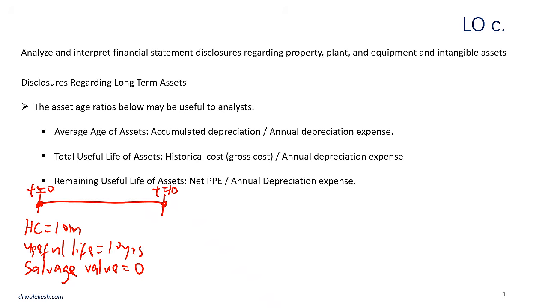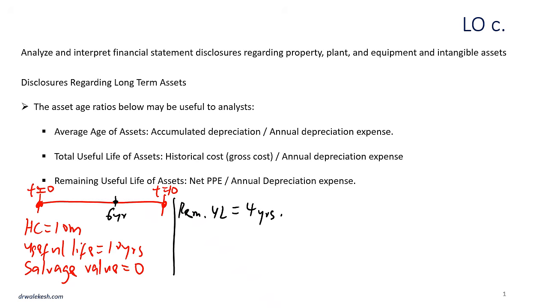Let us also assume that today is the end of year 6. If today is the end of year 6, that implies that the remaining useful life of the asset will be 4 years.